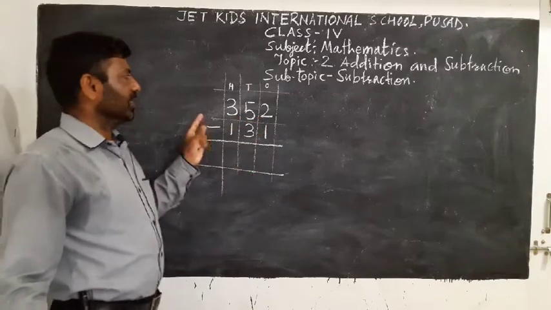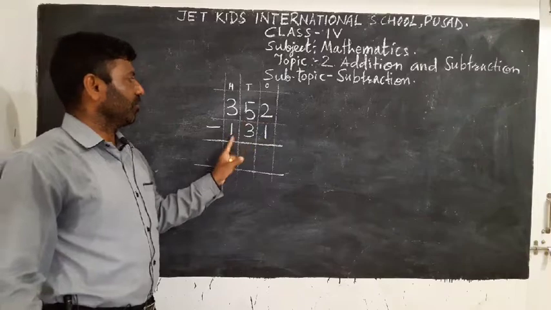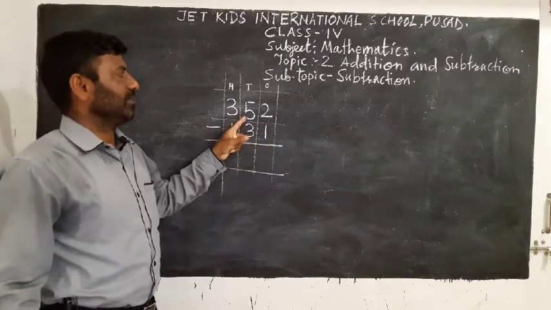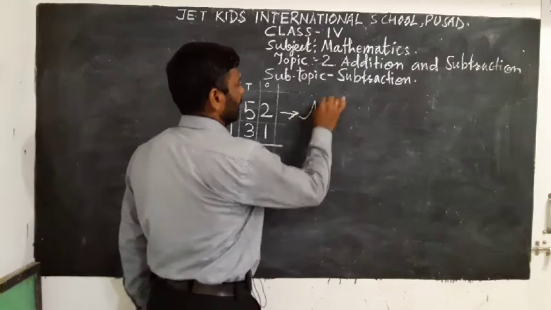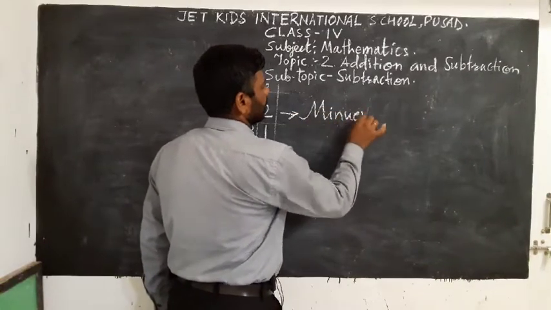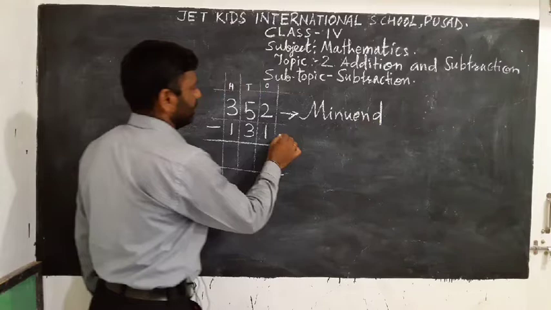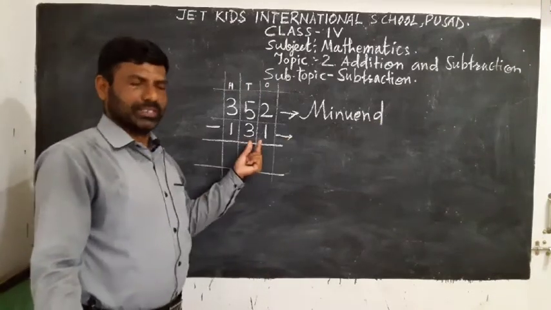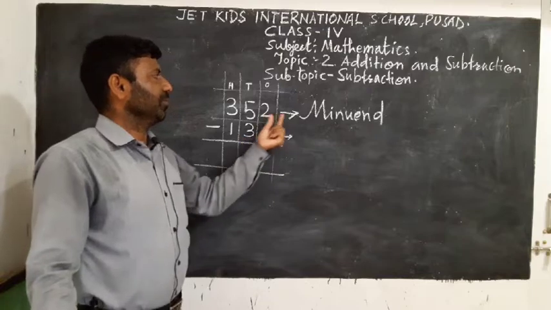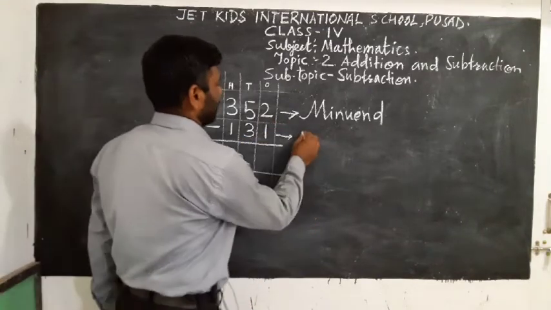Which is the larger number, 352 or 131? Obviously 352. This large number we call the minuend. And the smaller number which is subtracted from the minuend, we call the subtrahend.